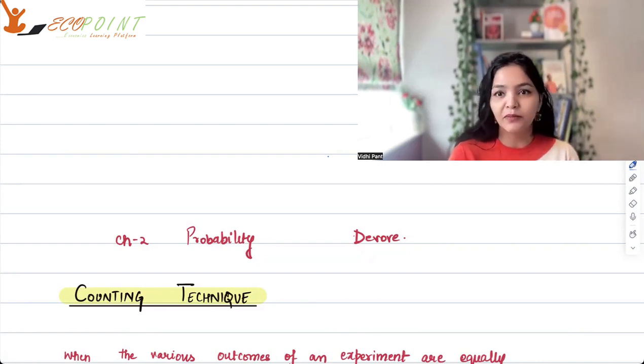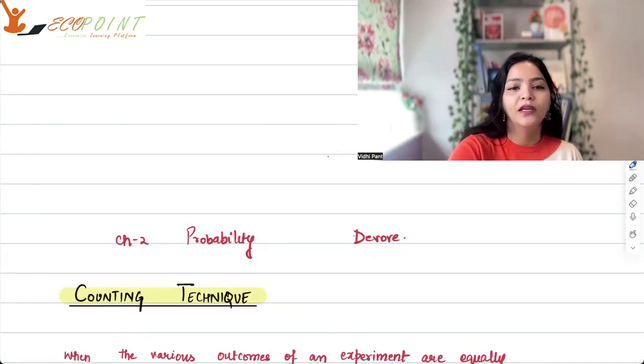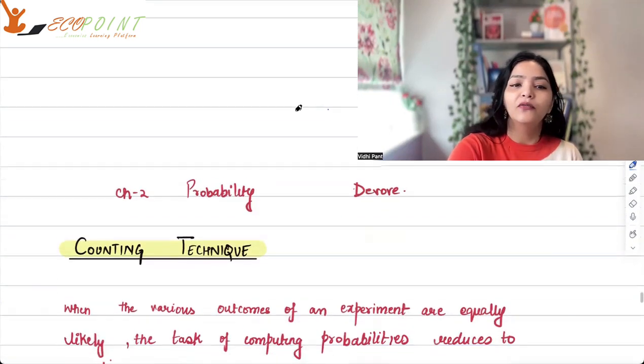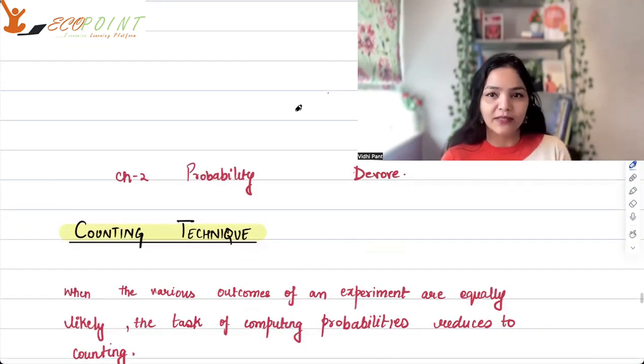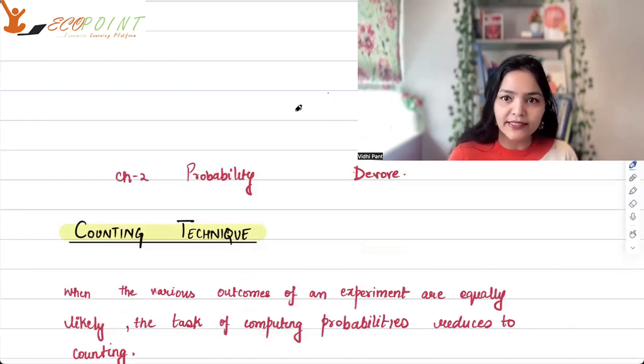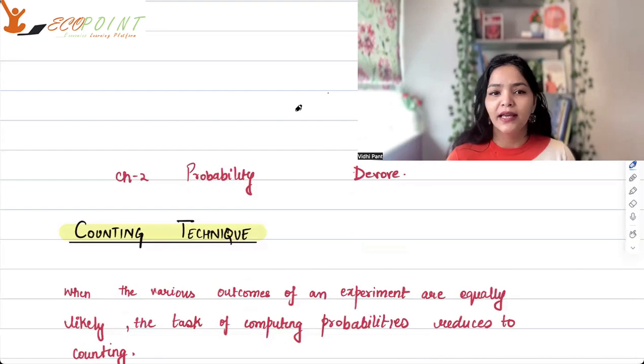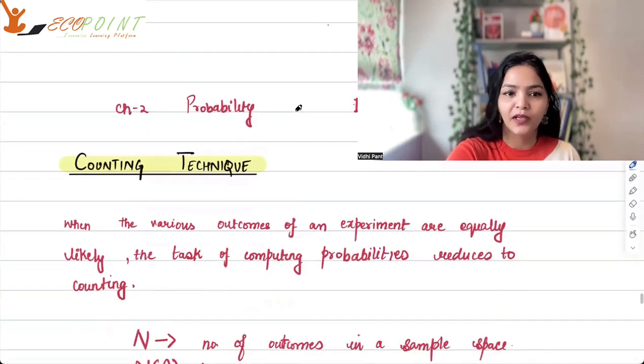But just to build up the base today, let's take it very simple. When various outcomes of an experiment are equally likely, the task is just to find probabilities by counting. Simply counting, and you will be able to get the required probability.